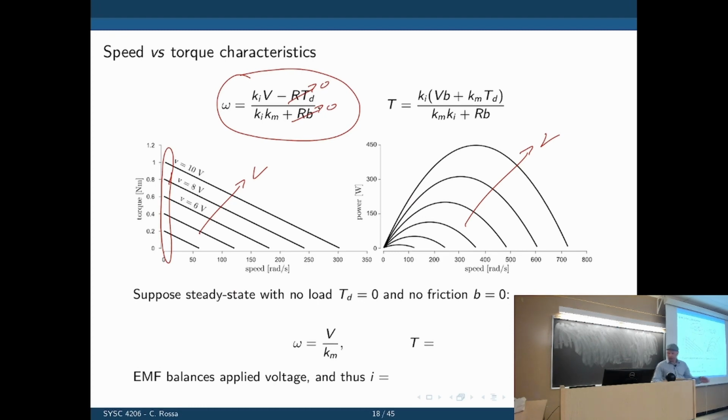If that's the case, what's the torque? Well, we have V. B is 0, right? So I have 0 plus 0 times Ki. So the torque is also 0. Why is the torque 0?